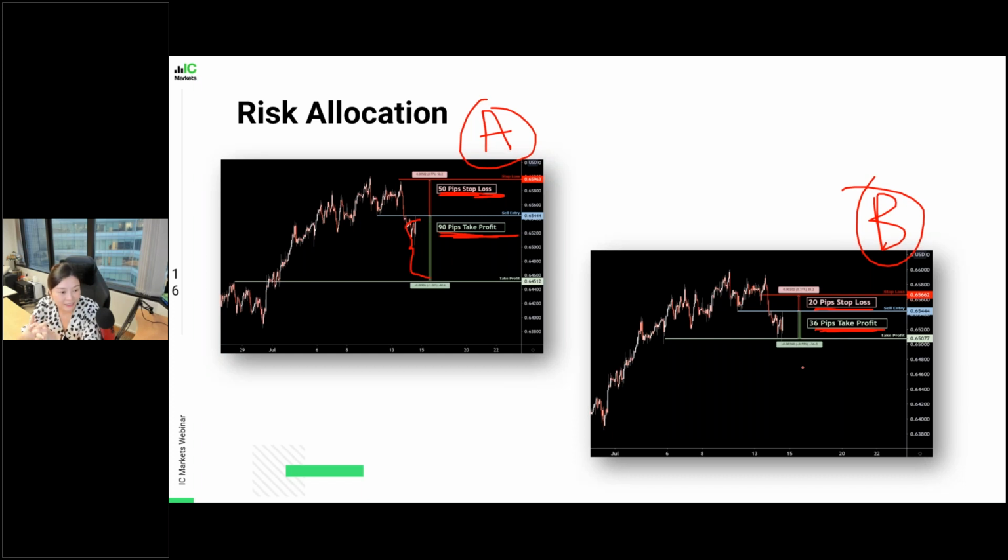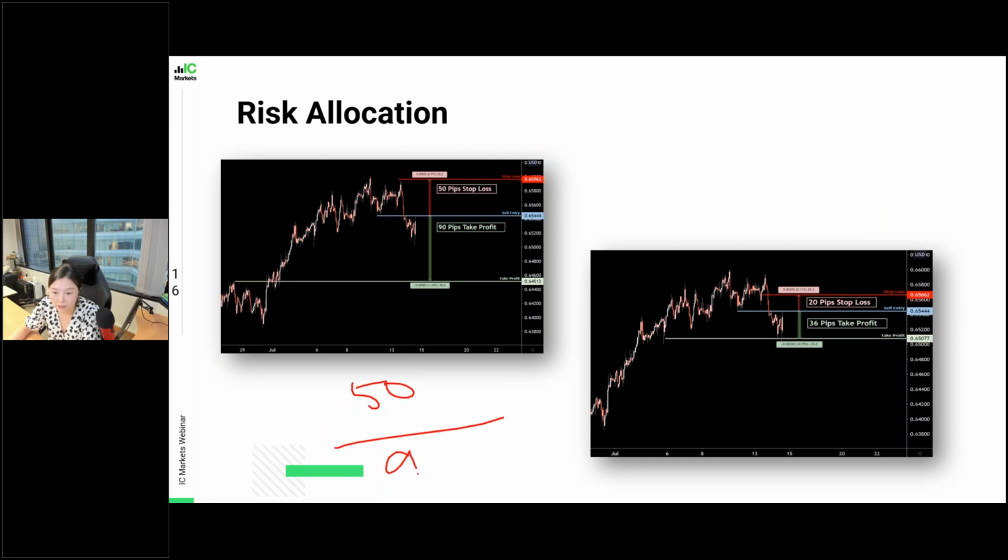Okay, we have some answers. For Desiree and Simon, yes, both are the same. Sorry, my handwriting. 50 pip stop loss, 90 pip take profit versus 20 and 36. They are the same.